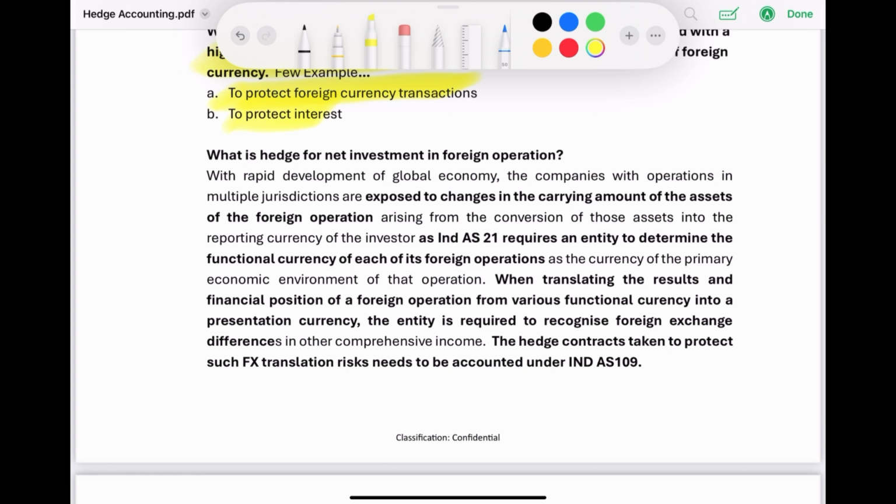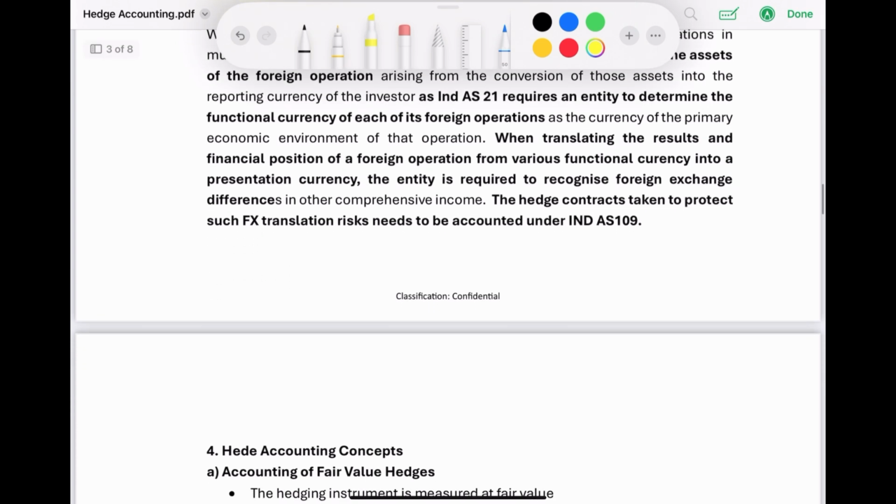At the beginning of the financial year, the exchange rate could be one, but at the end of the financial year, the exchange rate could vary. It cannot be predicted. For that purpose, there are derivative contracts available in the market. They can take that contract and, using the contracted rate, do the translation. This will avoid any translation risks. This accounting is also covered under Ind AS 109.